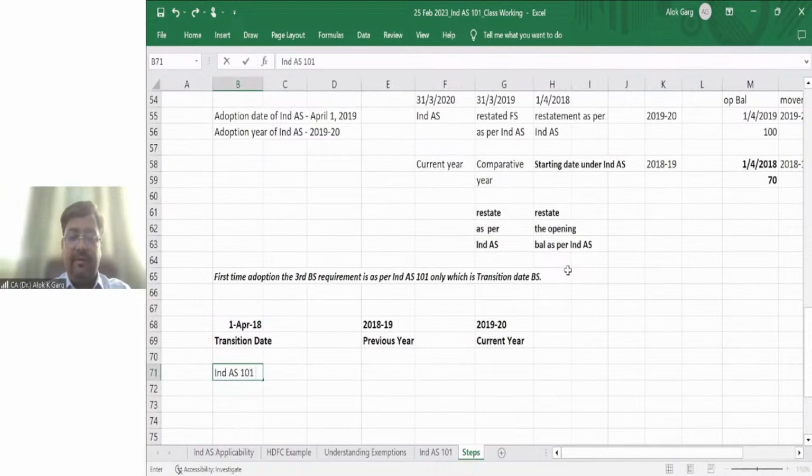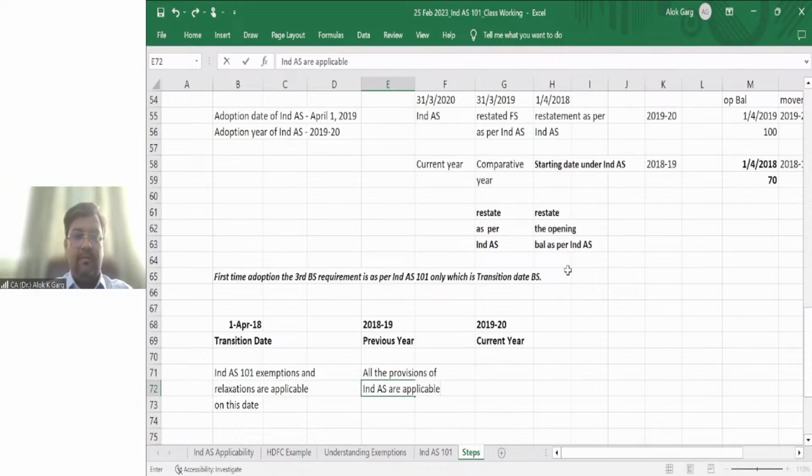Ind AS 101 exemptions and relaxations are applicable on this date. 18-19, no relaxation. 19-20, no relaxations. All the provisions of Ind AS are applicable. No exemption or relaxation of Ind AS unless specified. Same here also.